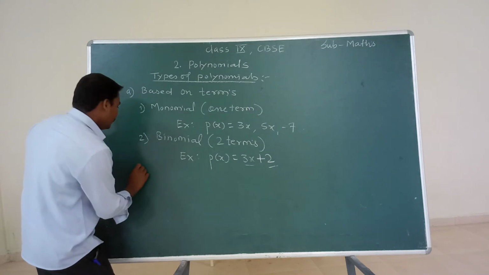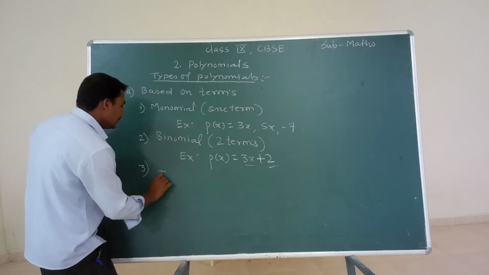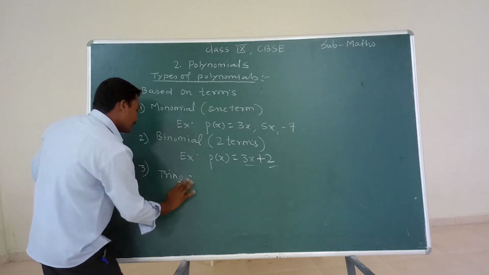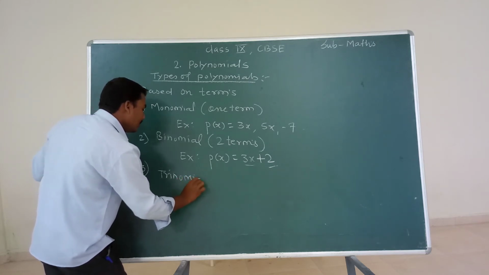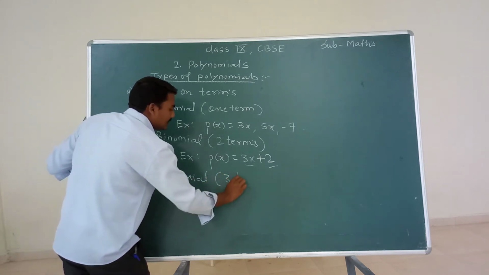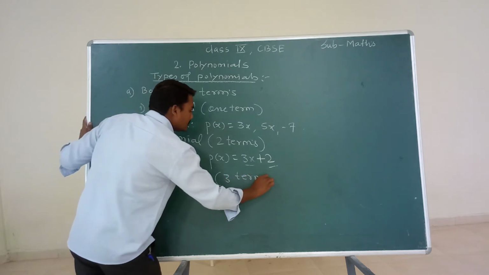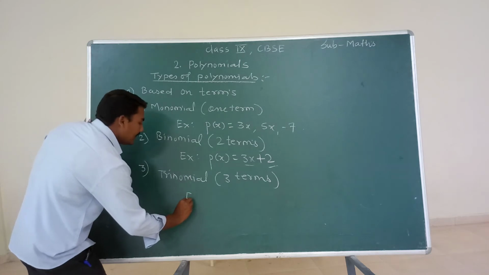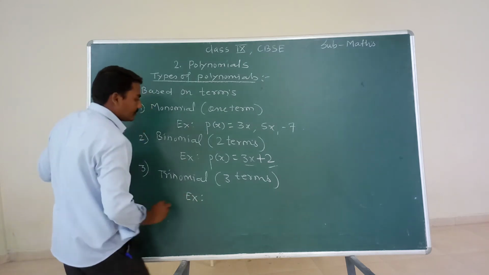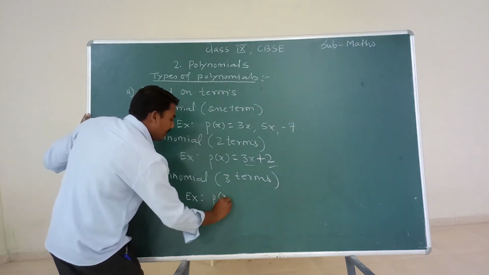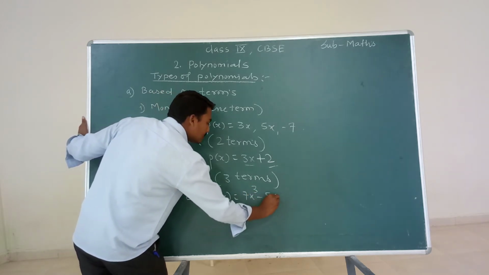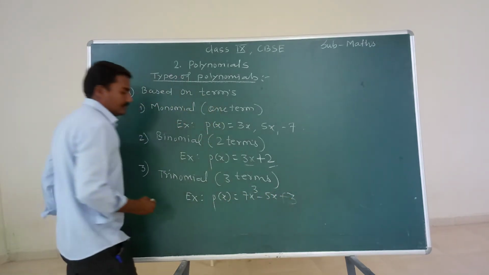Okay. Now third is trinomial. Trinomial means it has three terms. Example, p of x which is equal to 7x cube minus 5x plus 3.